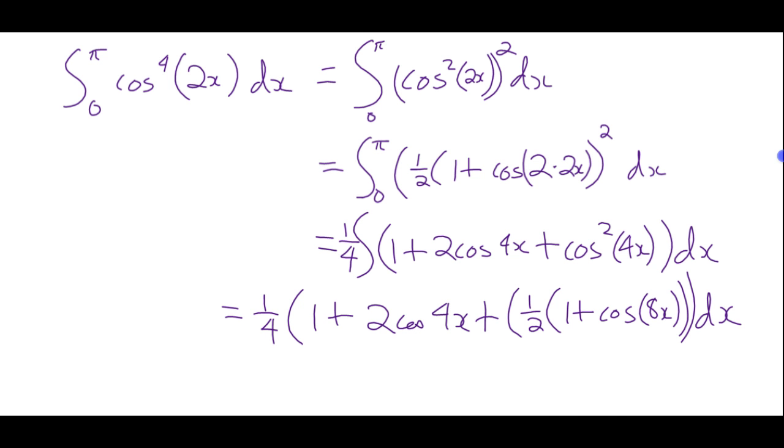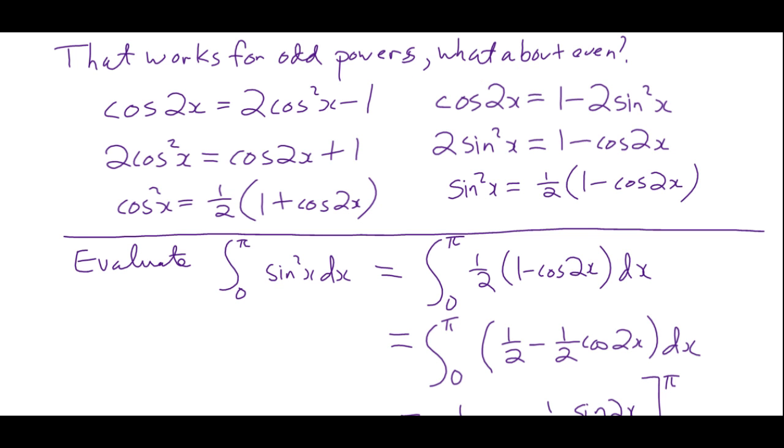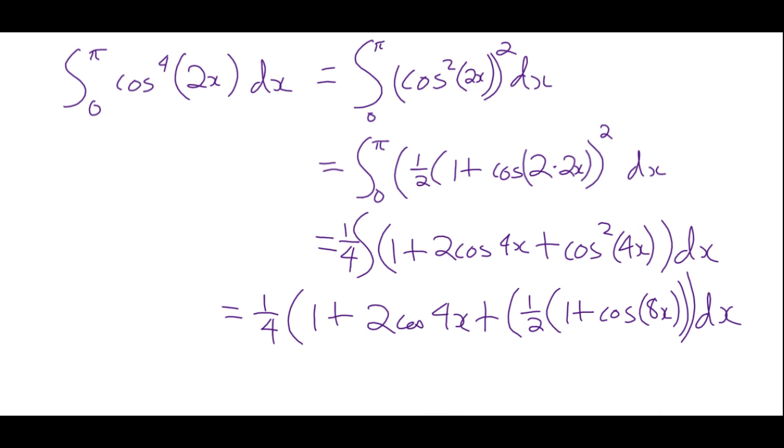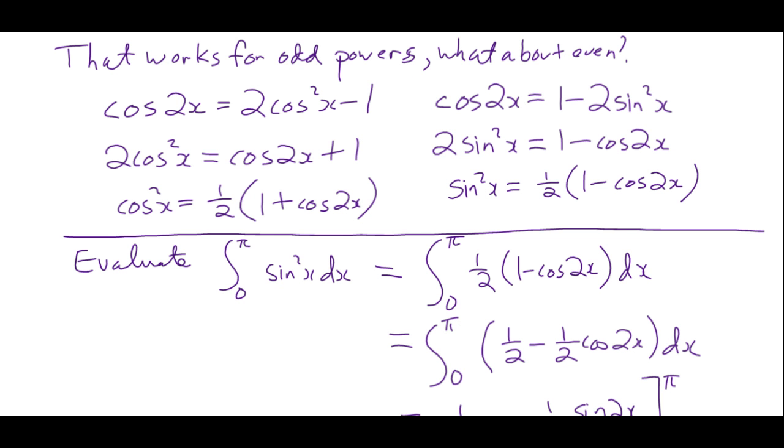Again, we've gone back to here: cos squared of something is a half times 1 plus the cos of 2 times that something. So when we've got cos squared 4x, it's a half of 1 plus the cos of 2 times 4x, which is 8x, okay? So once you've got this, it's easy to do cos squared of anything, just keeping in mind that you're going to write it out like this and just double the anything.